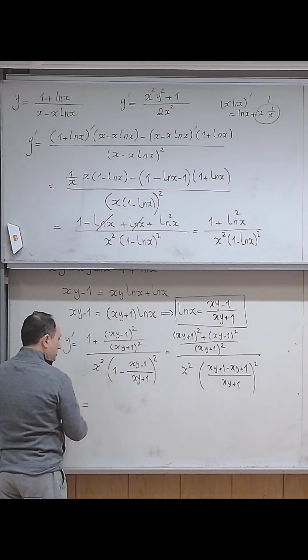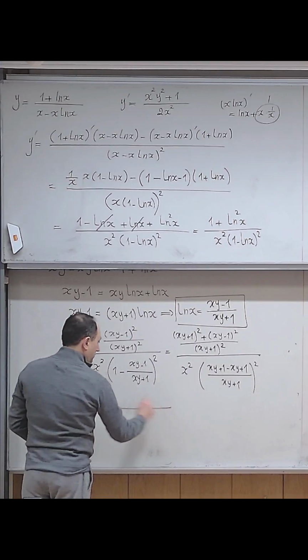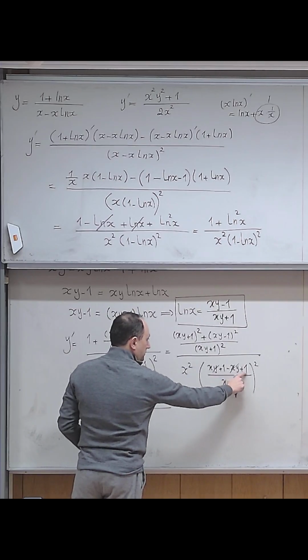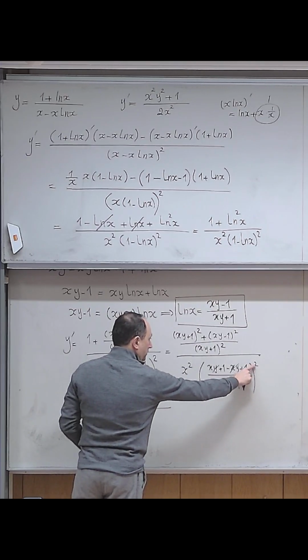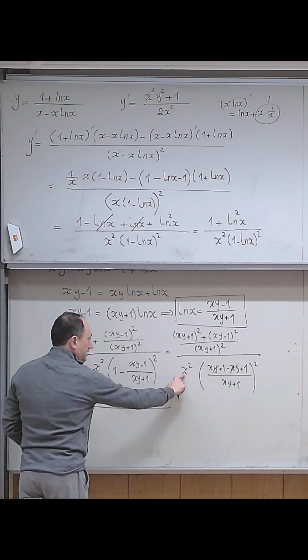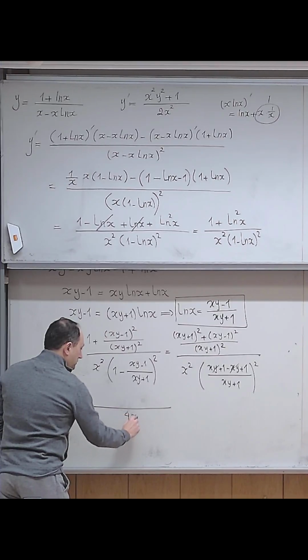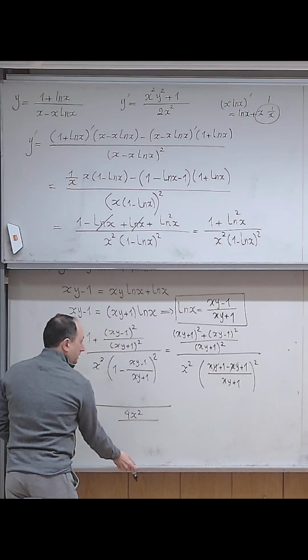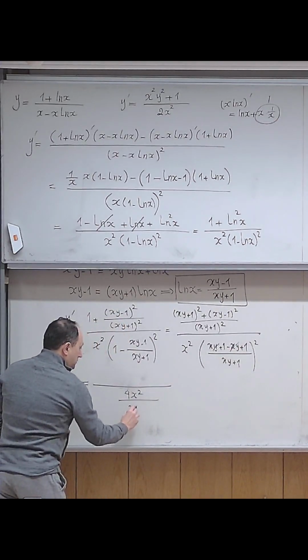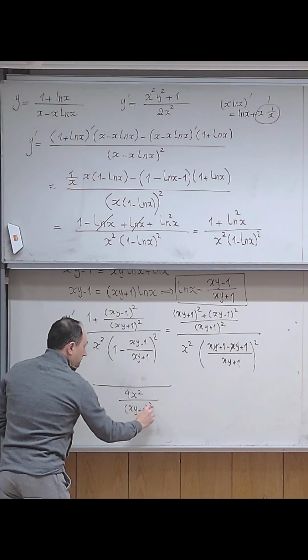So let me write it in this form. First of all, this xy and that xy are gone, so this becomes 1 plus 1, 2 to the power of 2, 4. So I will have a 4 there, and then x squared here, so this becomes simply 4x squared. And the denominator to power 2 also becomes xy plus 1 to the power of 2.